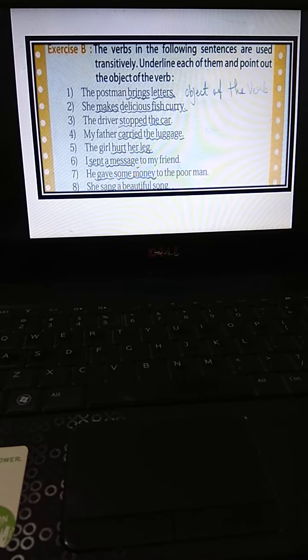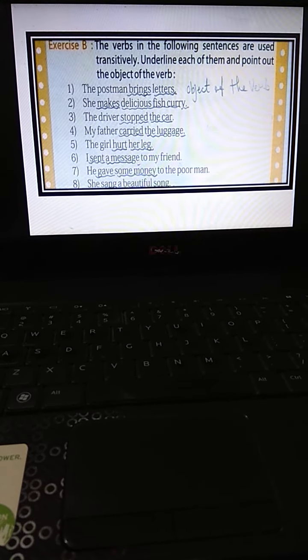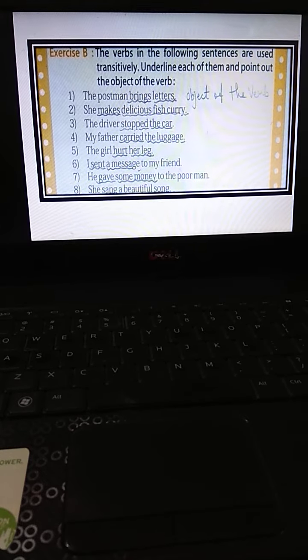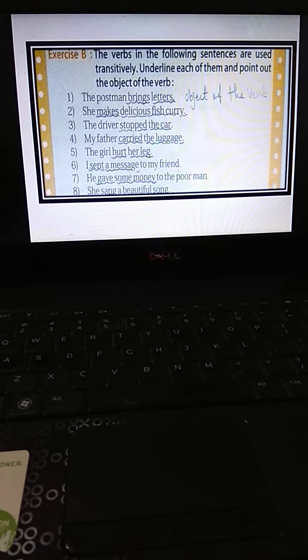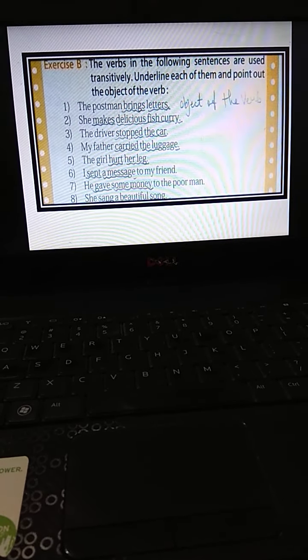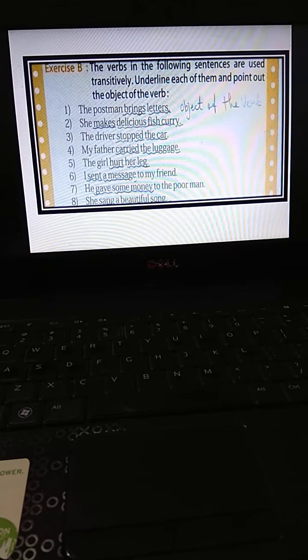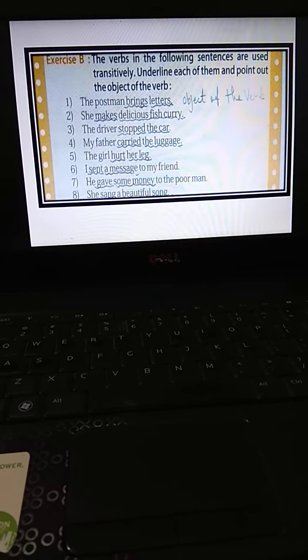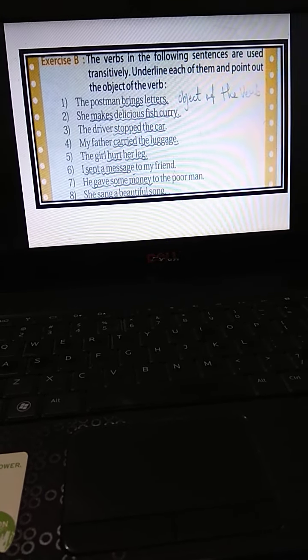We have to underline each of them and point out the object of the verb. As we read just now, verbs that require objects to make complete sense are called transitive verbs. So we have to now find out the objects of the verb.